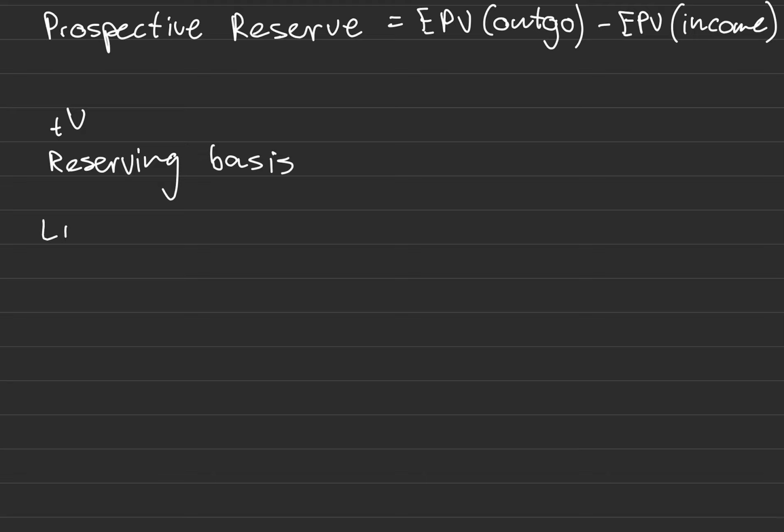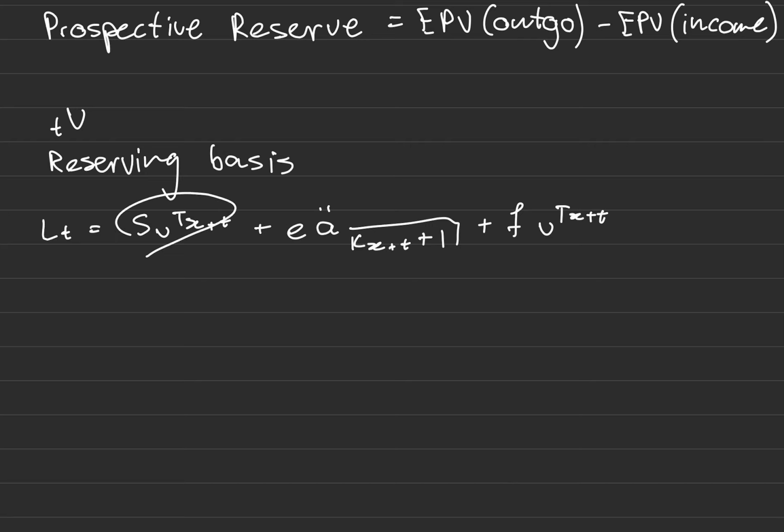My gross future loss random variable at policy duration t is equal to S v^(K_{x+t}+1), plus e, my renewal expenses, times the annuity, plus this terminal expense, which obviously happens at the same time as my benefit, minus this gross premium.